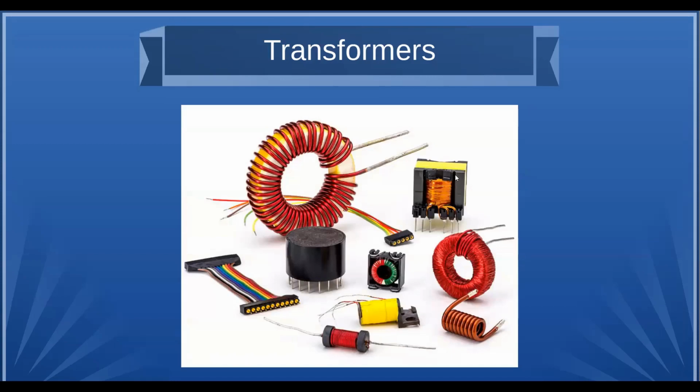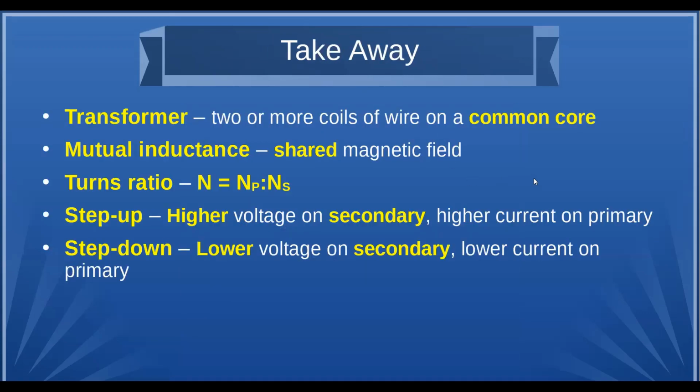There's typical transformers. Again, of course, that's not actually, it only got one winding, but if you had a second winding on there, then it would be a toroidal transformer, like this one. I had trouble finding a decent picture of a lot of transformers. So a transformer is two or more coils on a common core.